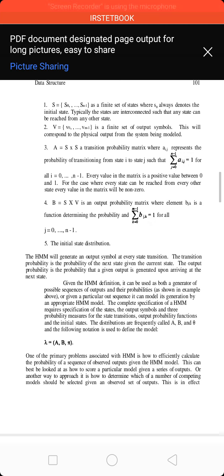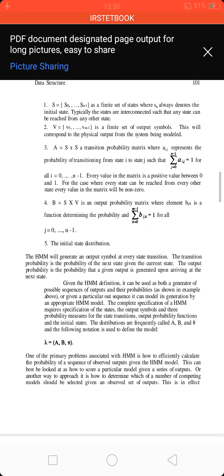So A is equal to S into S, a transition probability matrix. S into S means a matrix. Probability means number of assumptions. Where i comma j represents the probability of transition from state i to state j, such that the formula summation j equal to 0 to n minus 1 of a i j equals 1 for all i equal to 0 to n minus 1.